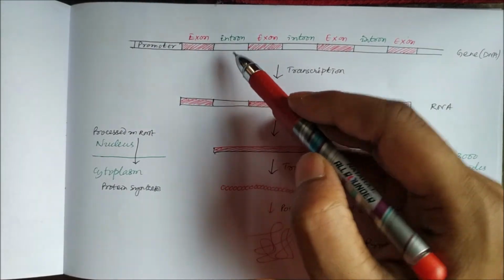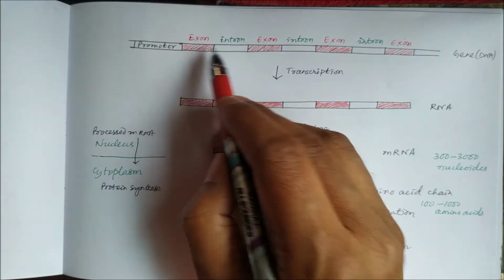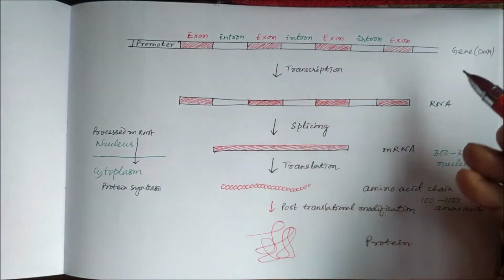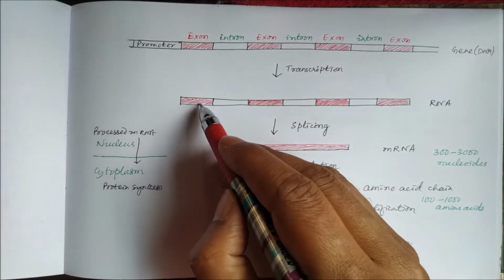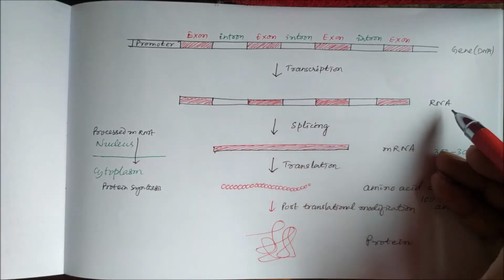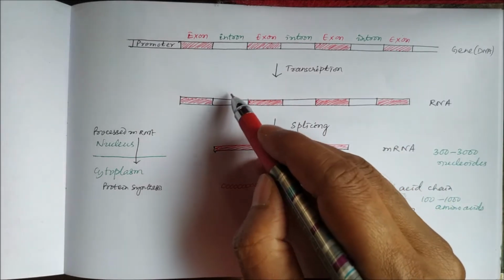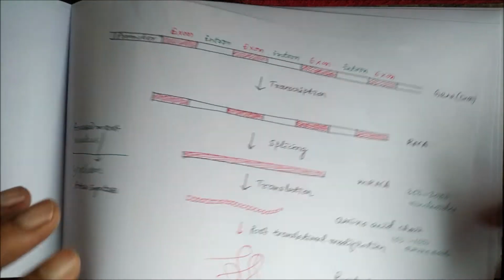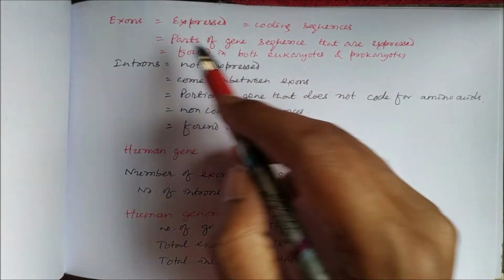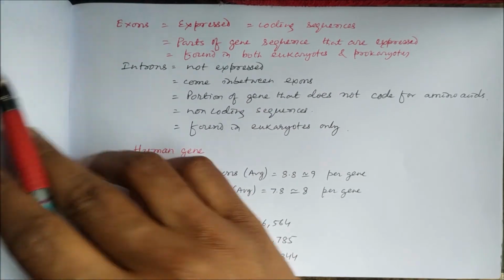So this intron is present in between two exons, and when there is transcription we get this RNA where both exons and introns are there. But since the intron is the non-coding region, if you see the difference, the exon is called exon because it is expressed.